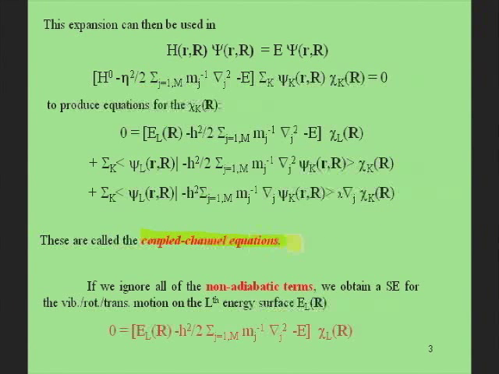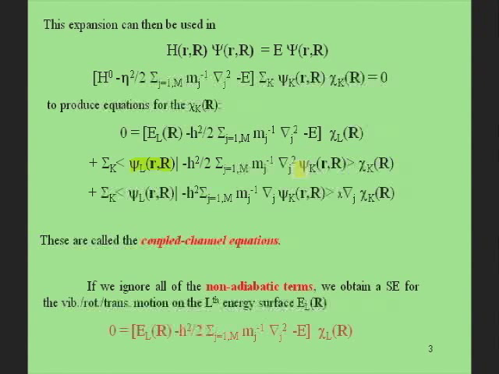Now, let me lead you through some approximations that we make here. One approximation is to ignore somehow these non-adiabatic coupling terms, and let me explain physically why we sometimes get away with doing that. Take this term with psi L and a second-order derivative with respect to the position of nucleus J acting on psi K. Those matrix elements look very much like kinetic energy matrix elements for the electronic kinetic energy, but they're different.